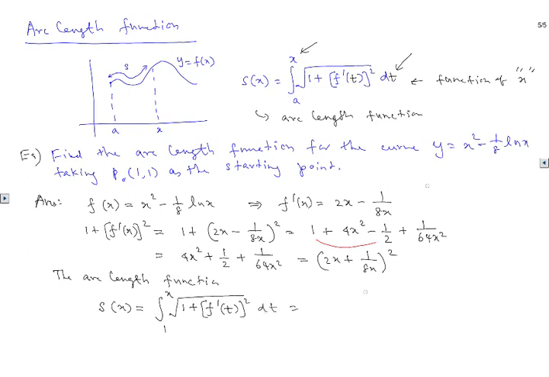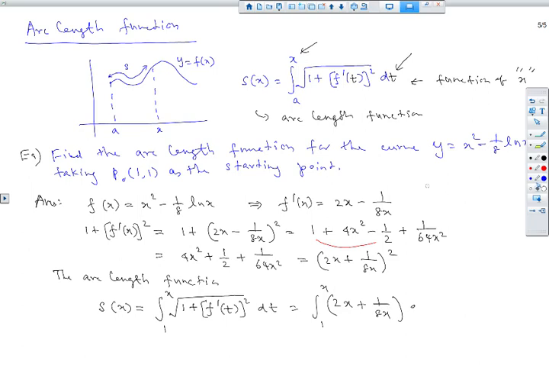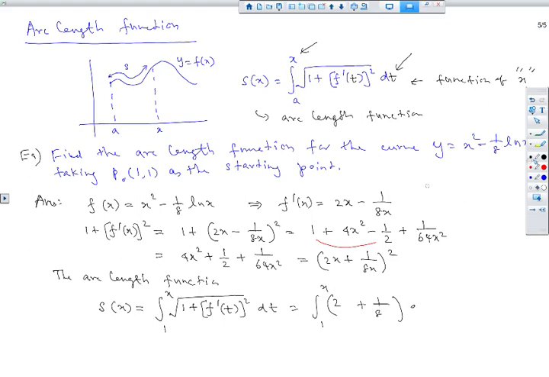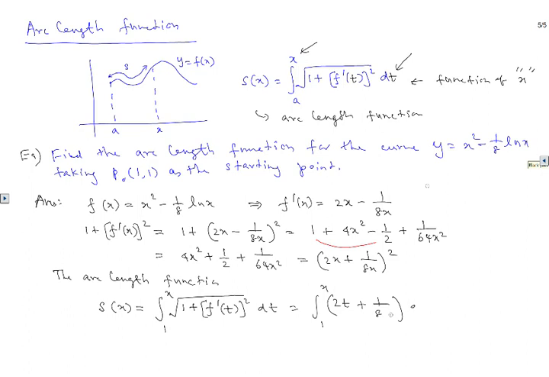You can see that we have a square and a square root, so that means it's gonna be 2x plus 1 over 8x only because of the square. Actually, it's not x, it's t. I forgot that again. The variable is t, so a t and a t and a dt.